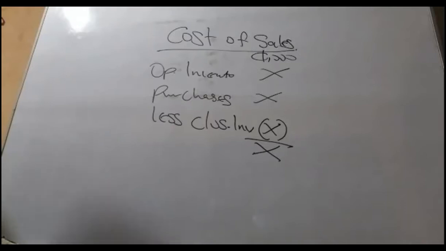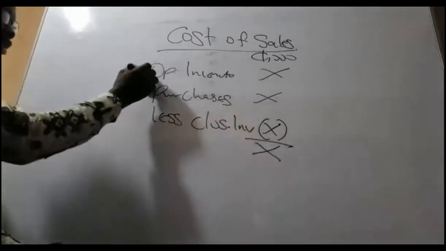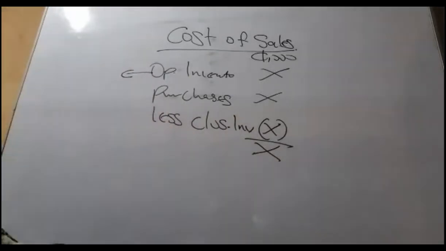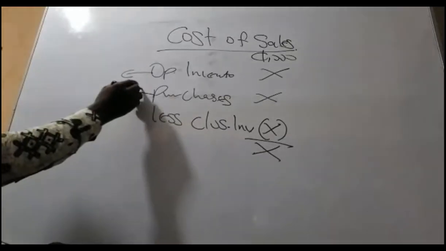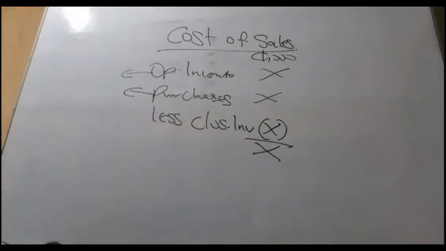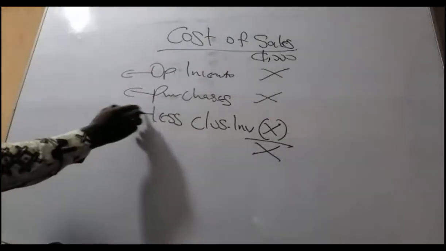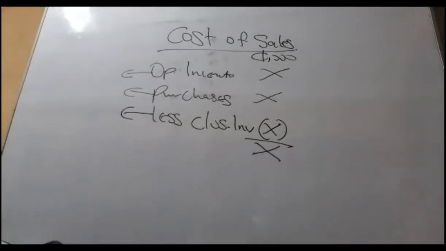So let's see. Opening inventory is the beginning balance of the goods or inventory that you have. That's the stock. Purchases are additions that you made during the year. Then the leftover is the closing inventory.